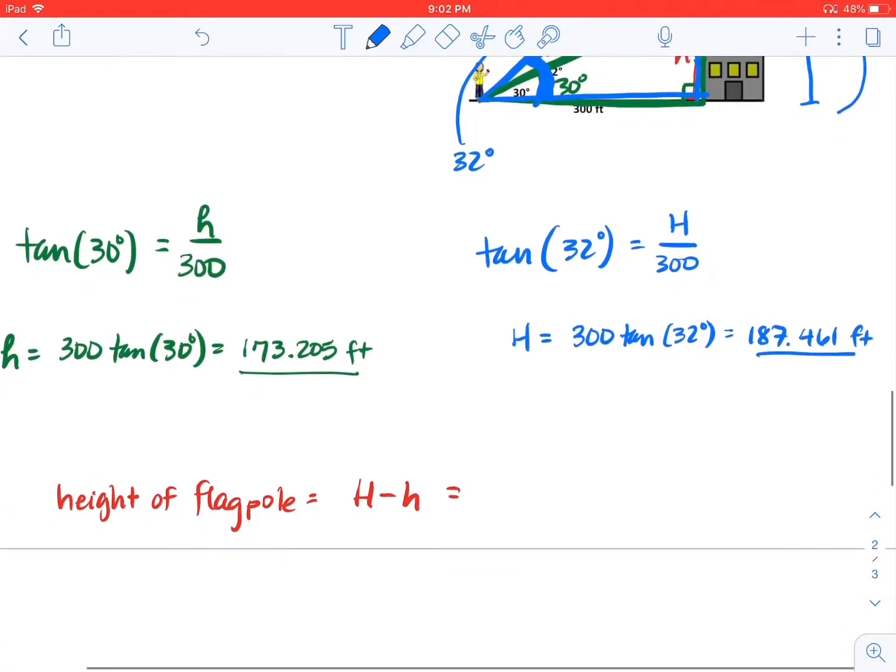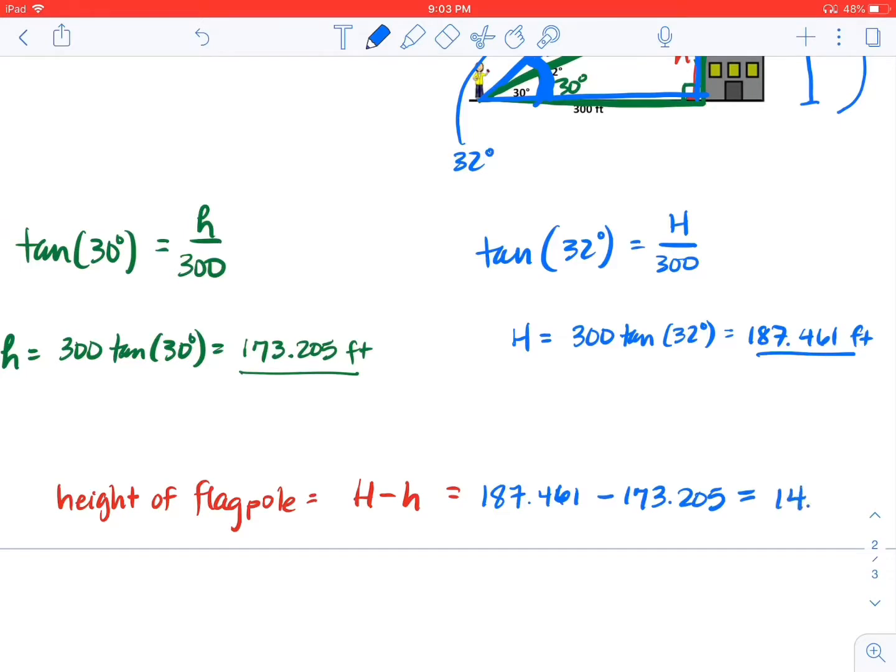So if I wanted to find the height of just the flagpole, I take the height of both the flagpole and the building, and subtract the height of just the building. And when I do that, I get that the height of the flagpole is 14.256 feet.